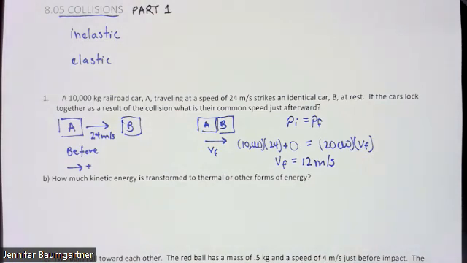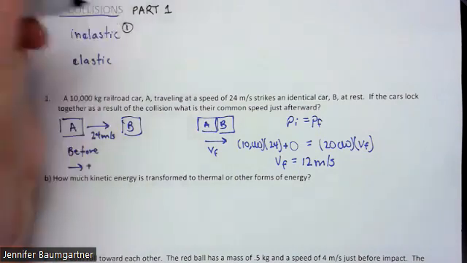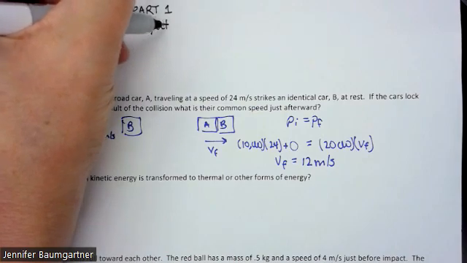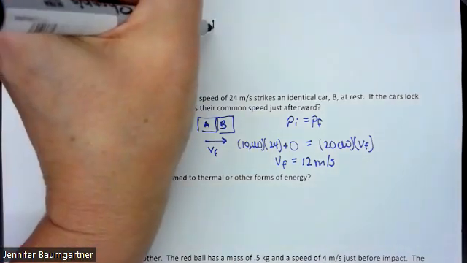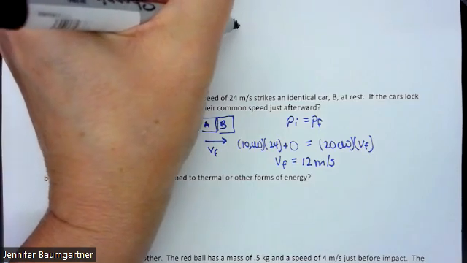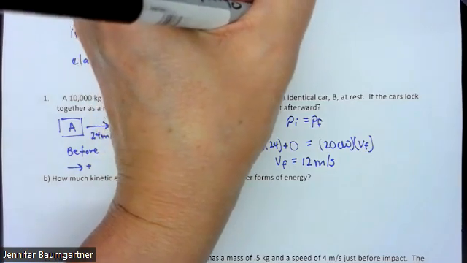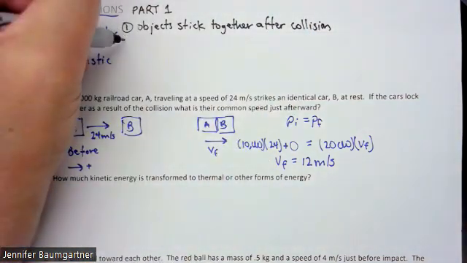So inelastic collision, for our purposes, when you look at a collision and the two objects stick together after the collision, there's going to be two ways to identify an inelastic collision. One is the objects stick together after the collision.